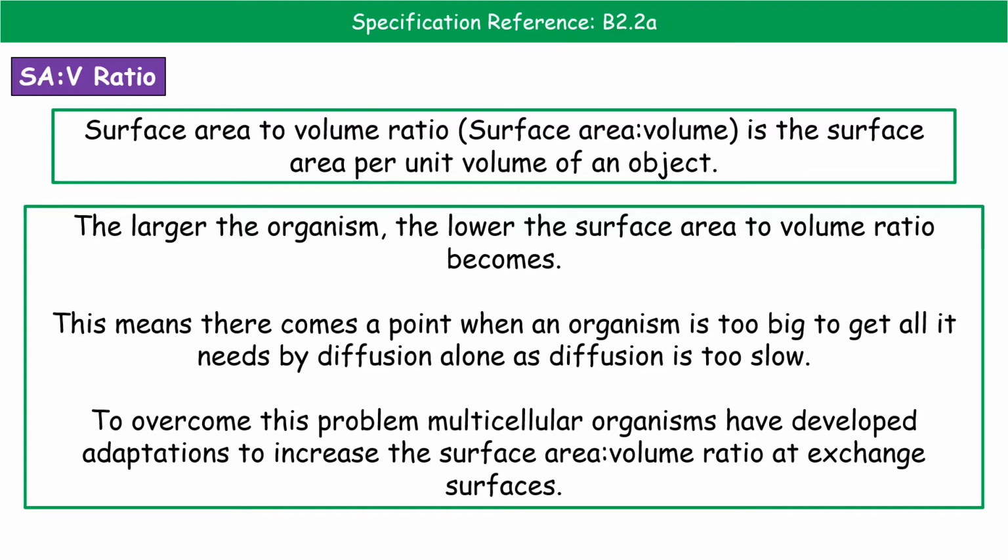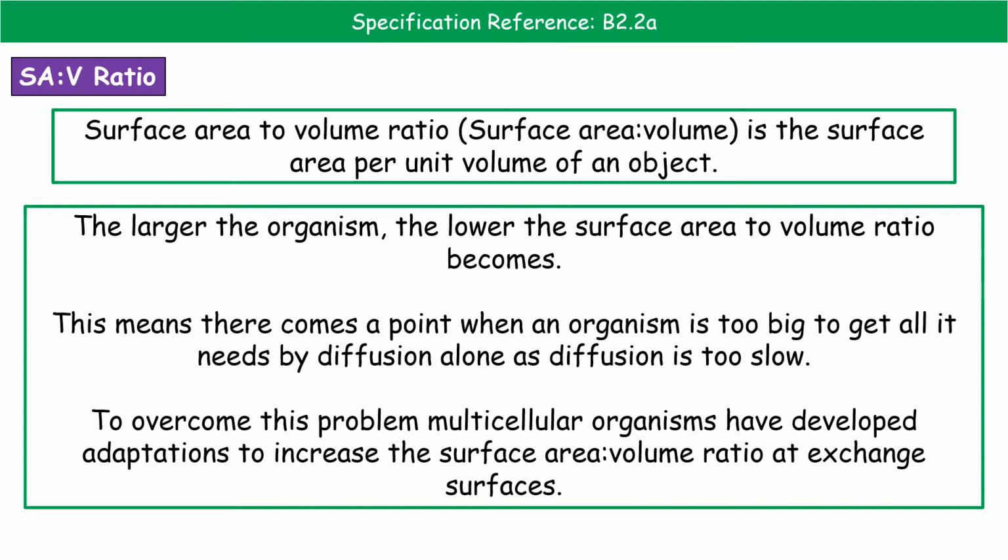If we then consider a larger organism, such as us as humans, then we have a lower surface area to volume ratio, and that means diffusion is not going to be sufficient on its own, because the rate of diffusion would be too slow to supply all of our cells with what they need to carry out all those processes.